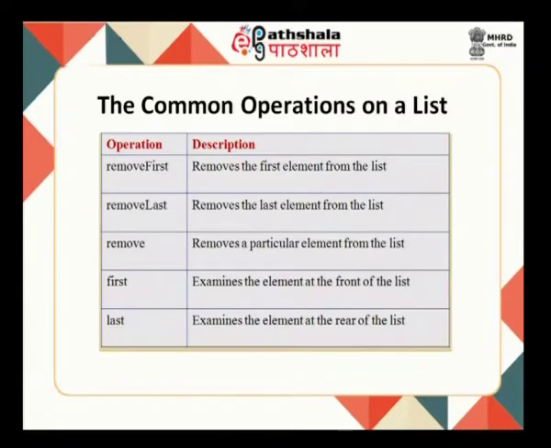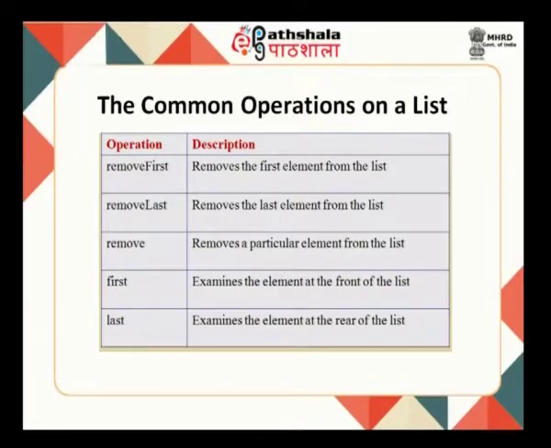Now, let us look at some common operations on lists. Remove first, I have specifically not put the parameters. When we define an ADT, we have to put the parameters and we have to say what those parameters mean. That is the comments that you have to give when you define an ADT. Here we are not talking about the ADT, we are just talking about common operations on lists.